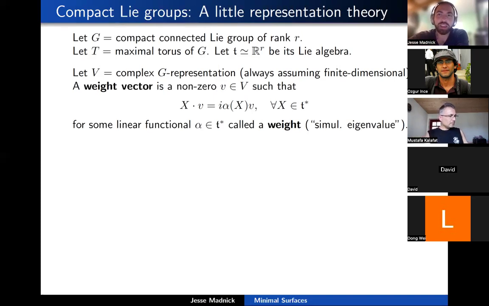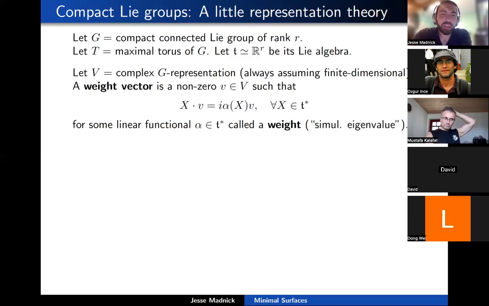And the idea is to look at, for this little t action on V, the simultaneous eigenvectors and simultaneous eigenvalues. Those have funny names: they're called weight vectors and weights. So a weight vector is a non-zero vector little v in V that is a simultaneous eigenvector of the little t action on V. And the simultaneous eigenvalue is not a number, it's a linear functional on little t.